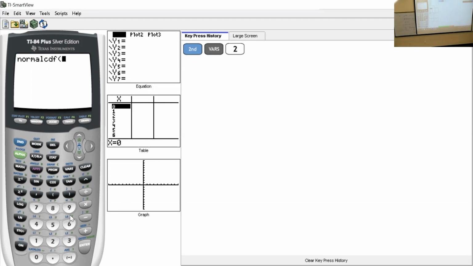Lower, upper, mu, sigma? It simply tells you what the lower endpoint should be, the upper endpoint should be, and the mean and the standard deviation. Let's look at the top curve that we were talking about, the null distribution.